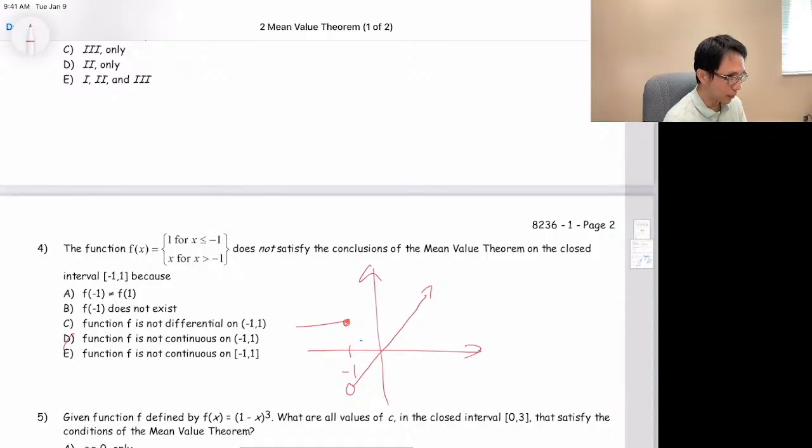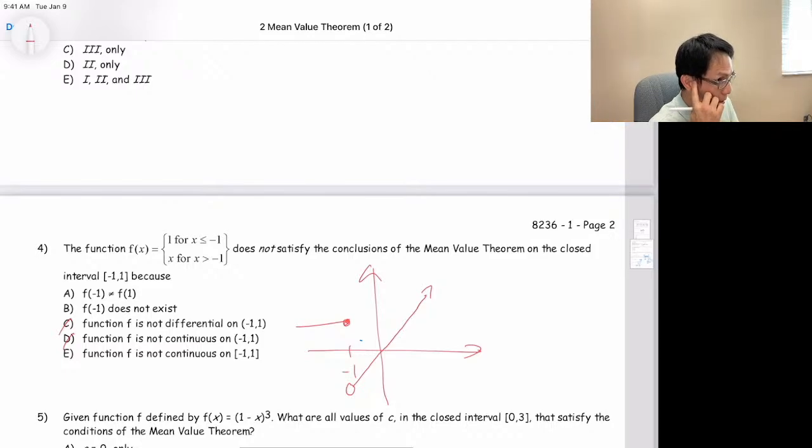How about C? That is true, because that excludes the endpoint, so the other part of that is differentiable. It is differentiable. It's wrong because it's true.